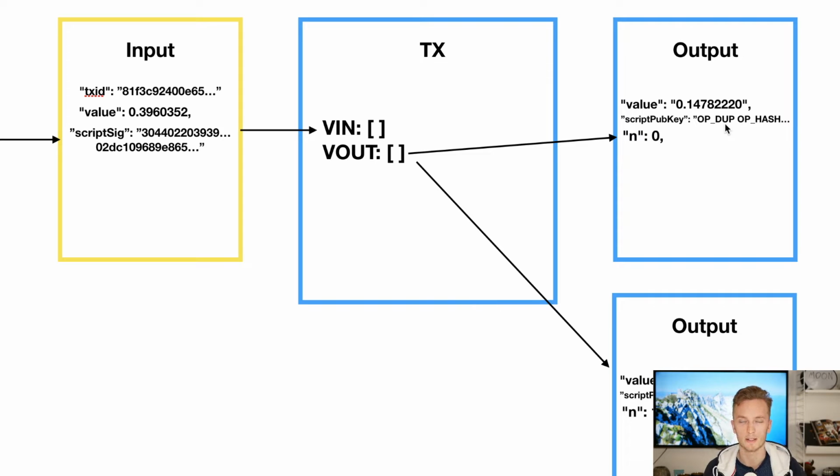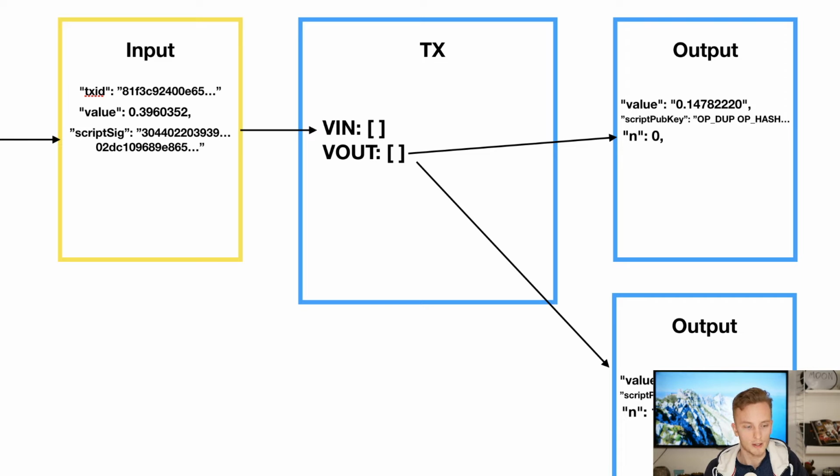The locking script, the script pub key, is made in such a way that only the rightful owner of those Bitcoin would be able to provide a solution to that script. So what does a script look like?